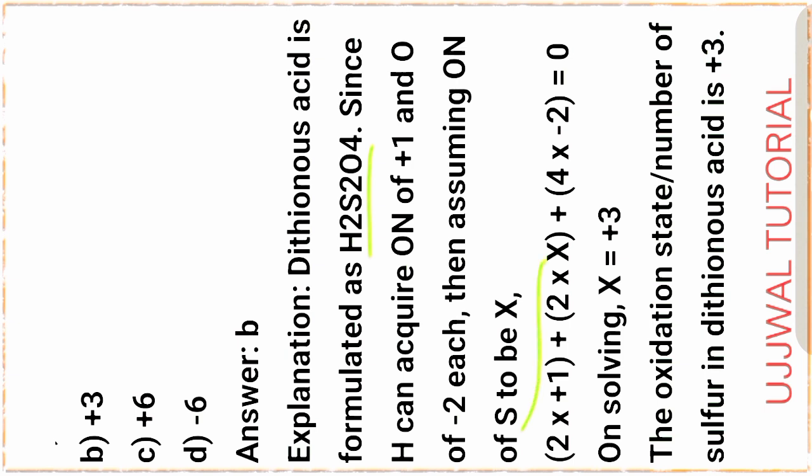Calculation: 2 plus 2x plus 4 times minus 2 equals 0. Solving, x equals plus 3. The oxidation state of sulfur in dithionous acid is plus 3.